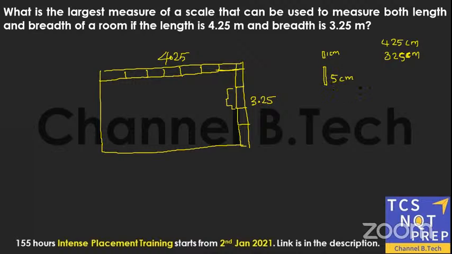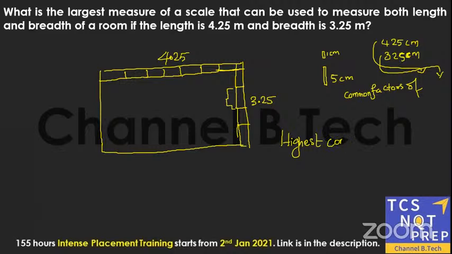Now, 1 and 5 are all nothing but common factors of these two numbers. In this case, they are asking for the maximum value, which means the highest.